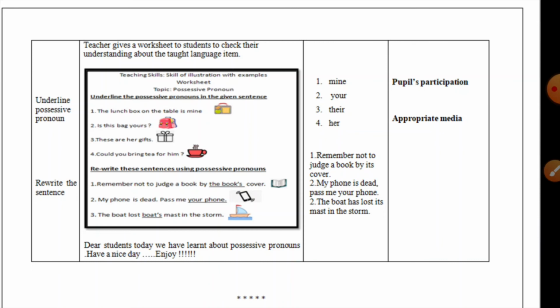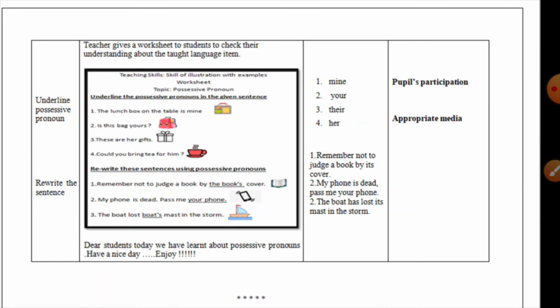If it is closed there, it is the inductive approach, right? But if, after reaching your definition, you give further examples and test the students' understanding through some worksheet, that becomes the inducto-deductive approach. Why? Because after reaching the definition, once again you move to the example. So it is called the inducto-deductive approach.